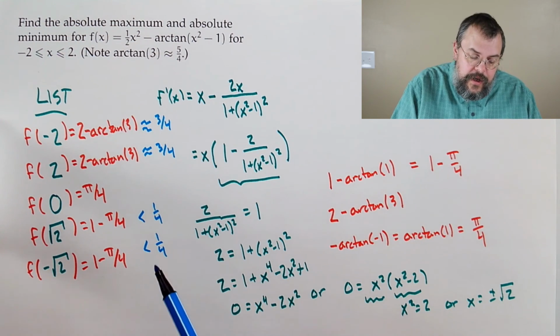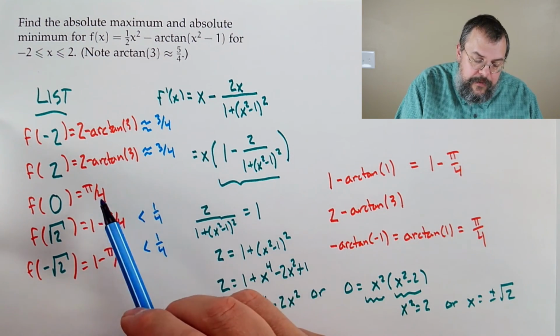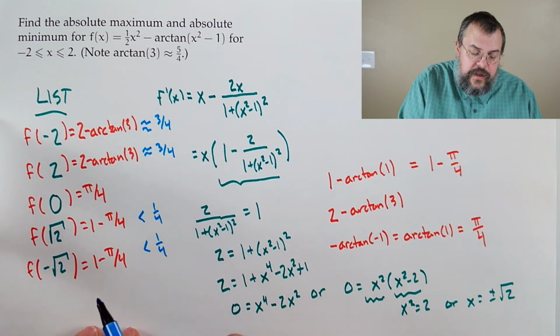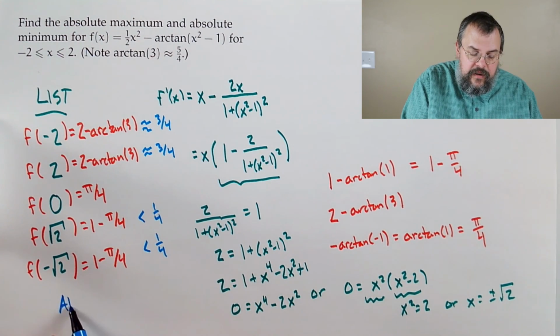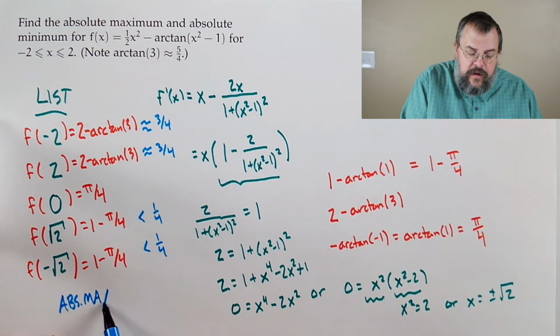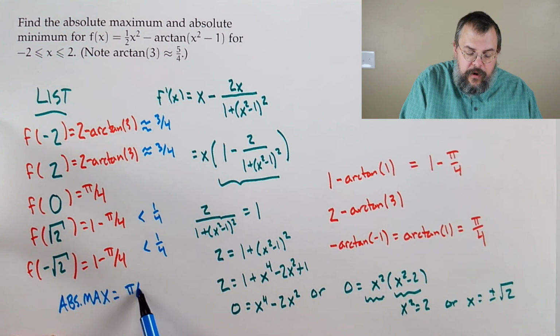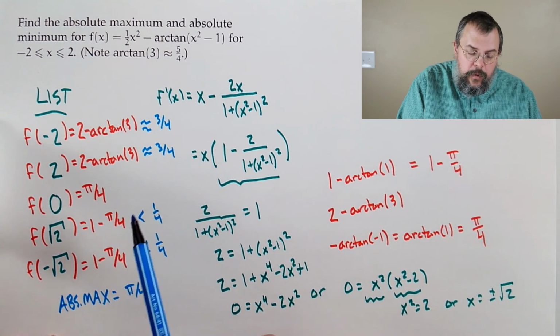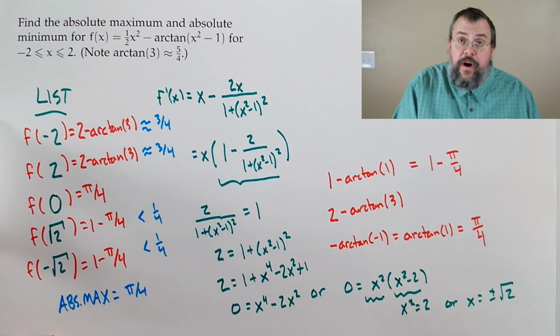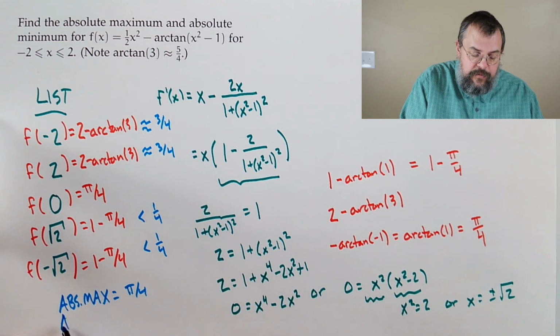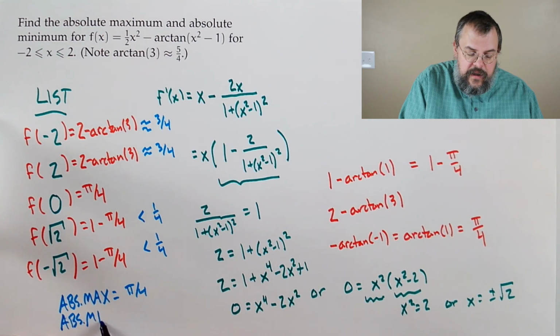So really, when we compare these, pi/4 is the largest. So the absolute max is equal to pi over 4. And then 1 minus pi/4 is smaller than 3/4, so our absolute min is equal to 1 minus pi over 4.